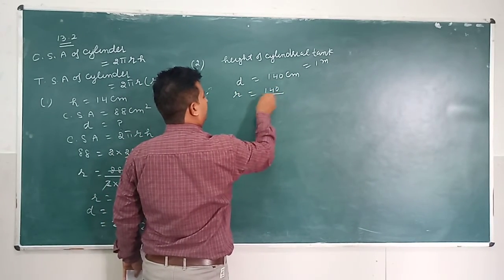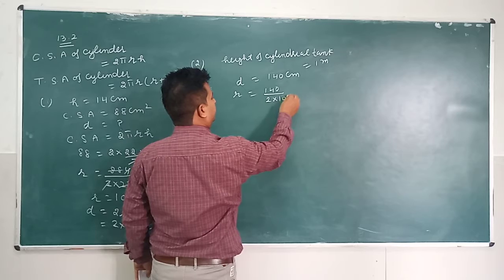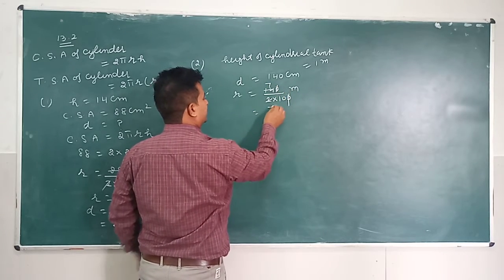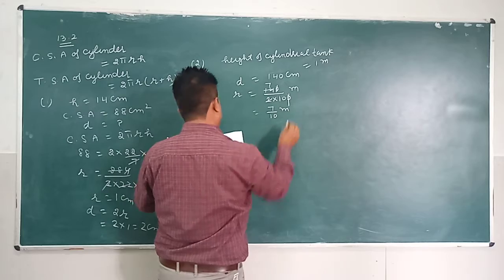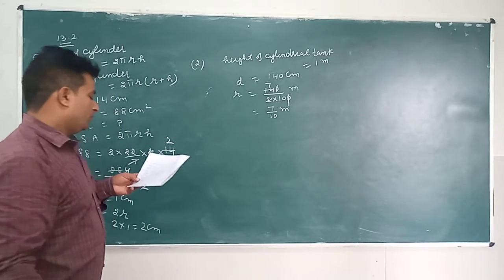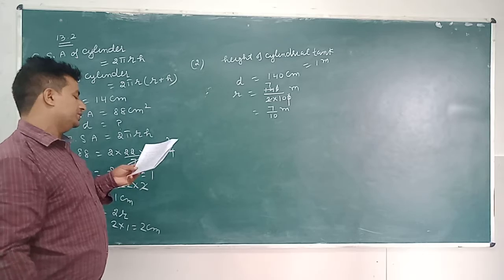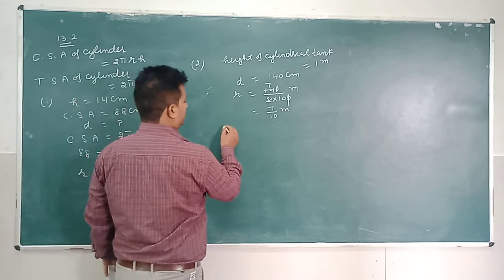So radius is 140 upon 2 into 100 in meter. This cancels out 7, so 7 by 10 meter is the radius. From a metal sheet, how many square meters of the sheet are required for the tank?